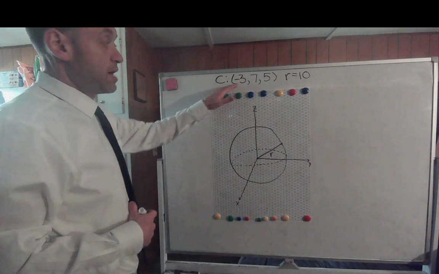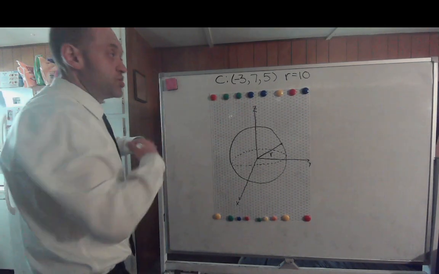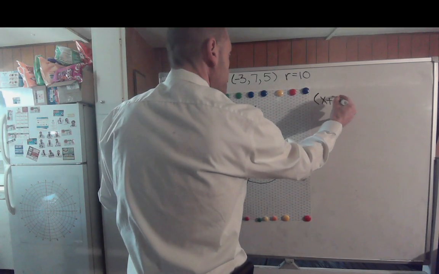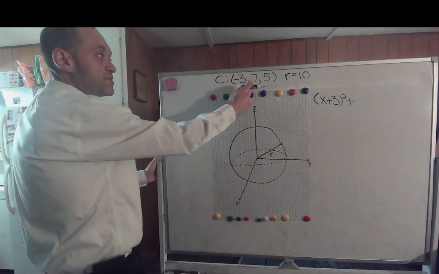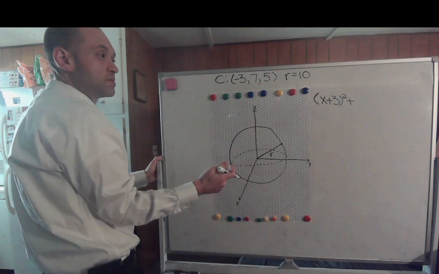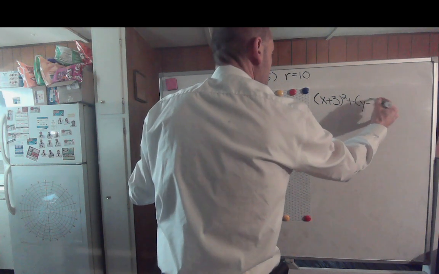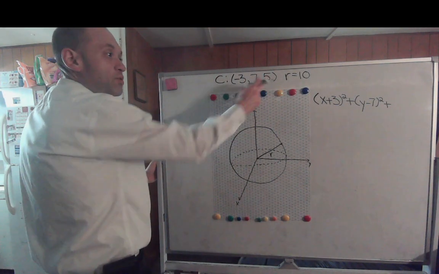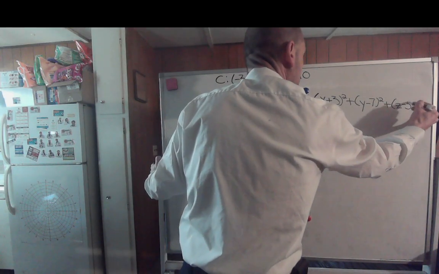Well, let's start with our x-coordinate. So if x equals negative 3, that means you're going to have a quantity of x plus 3 squared, plus, if your y coordinate is 7, this would be y minus 7 quantity squared, plus then if z is equal to 5, this would be the quantity of z minus 5 squared, equals your r squared.